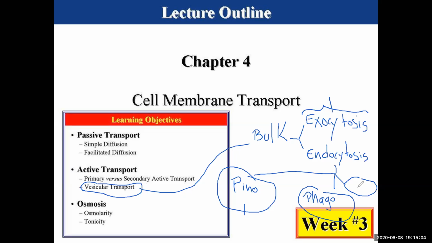If you don't have insulin, the cells cannot absorb glucose.